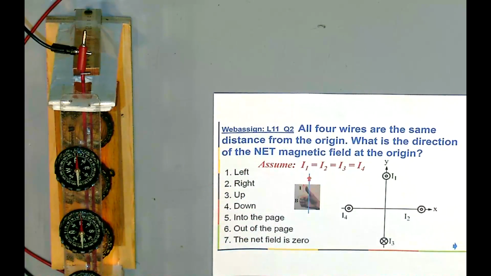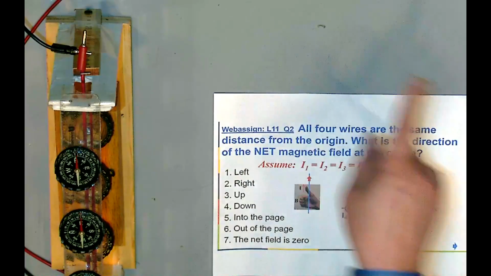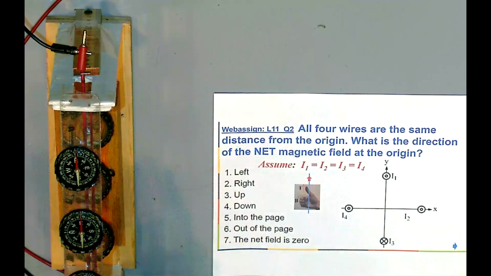And now we also know that electric current generates a magnetic field, and that magnetic field, according to this rule, is related to the direction of the current.